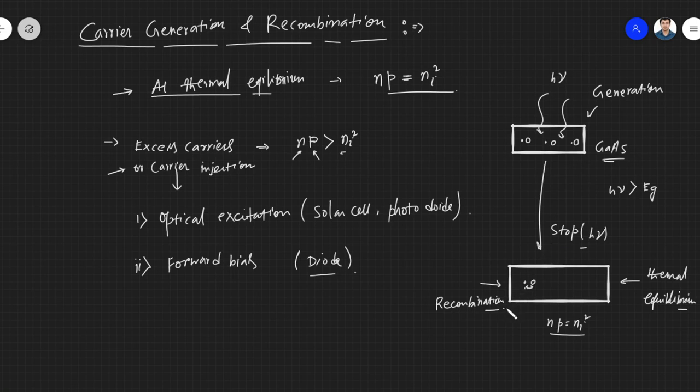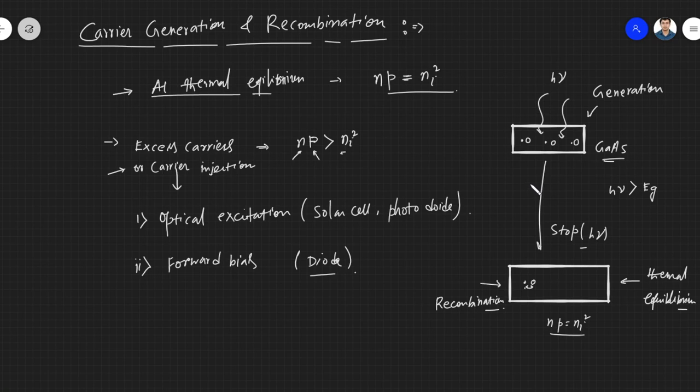If we are shining the light constantly on that semiconductor, first generation takes place, and then when there are excess carriers, they will recombine.